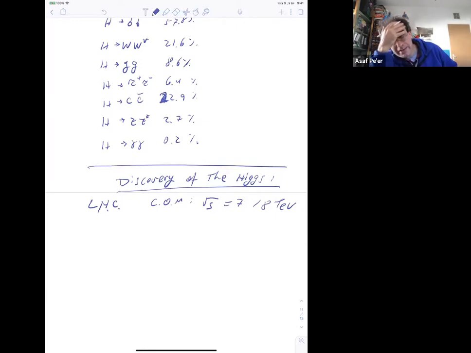The discovery itself was done by 2 independent detectors so that they can check each other. So 2 different experiments: one was called the Atlas experiment and the other one was called the CMS. CMS is for compact muon, and I don't remember what the S stands for at the moment.